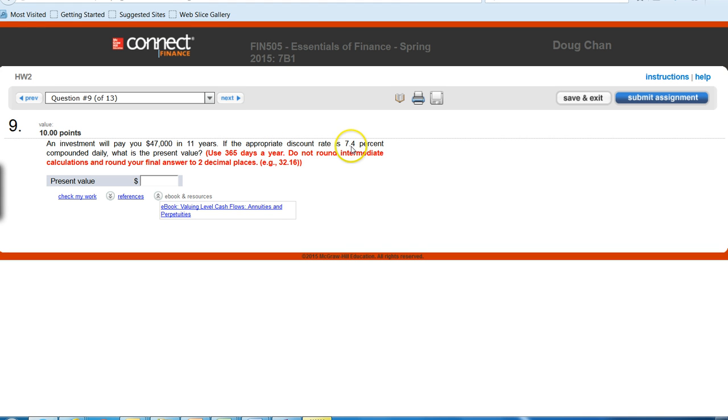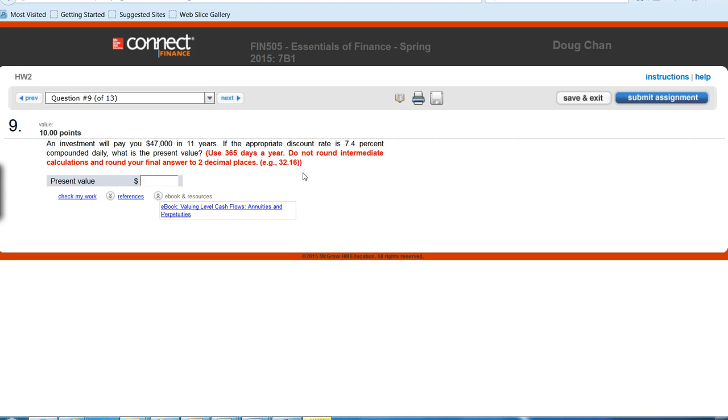And here the 7.4%, as I said, comes without any further information. For example, if the question specifically tells you that the daily interest rate is 7.4%, then obviously you don't have to do anything about the interest rate because you already know the daily interest rate. But here, the question says 7.4% and compounded daily.